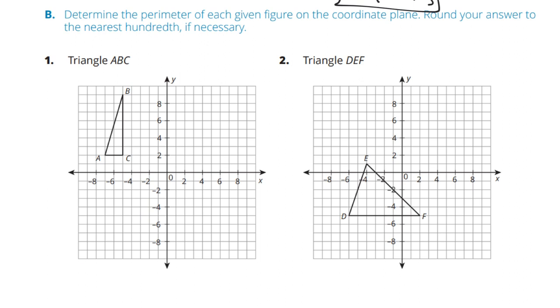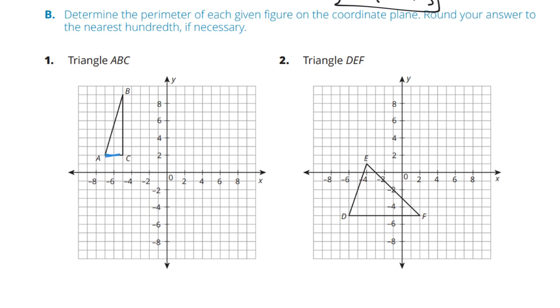So for the next one, it says determine the perimeter of each figure on the coordinate plane. Round your answer to the nearest hundredth if necessary. So I'm going to do number 1 with you, and you're going to do 2 by yourself. So for the perimeter, we need to know what each length is, and then we're going to add them all up together.